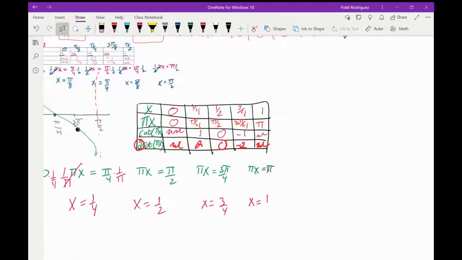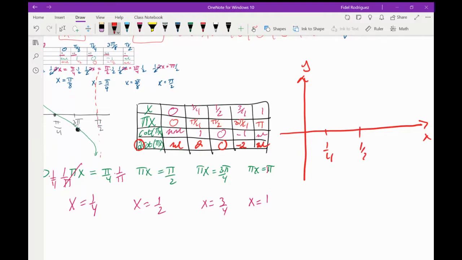Okay. And so now all I'm going to do is I'm going to draw my picture. So it's going to look something like this. We're going 0, 1/4, 1/2, 3/4, and 1.